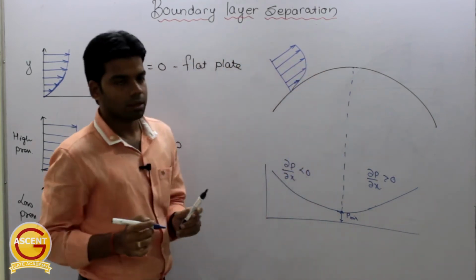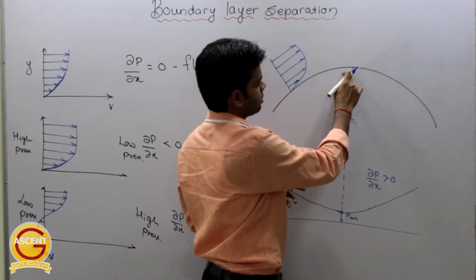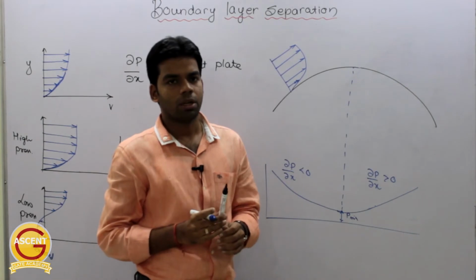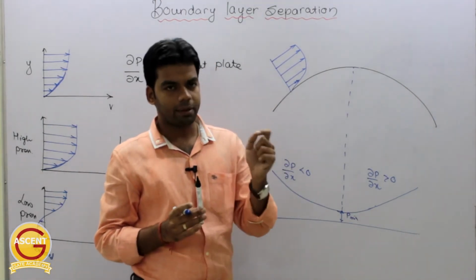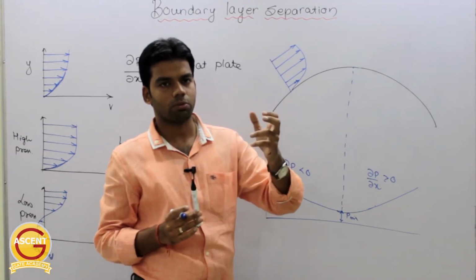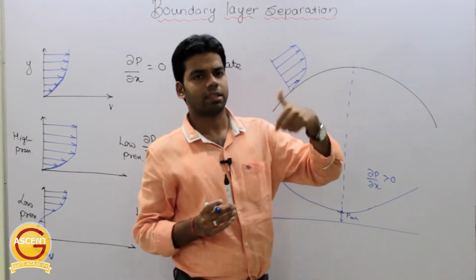Okay, now this is the point of minimum pressure, and after this the pressure will start increasing and the velocity will start decreasing. So at a particular point the velocity will be 0, and from that particular point the separation will start, because the velocity is 0. So the boundary layer will start separating from the surface, and another boundary layer will develop.